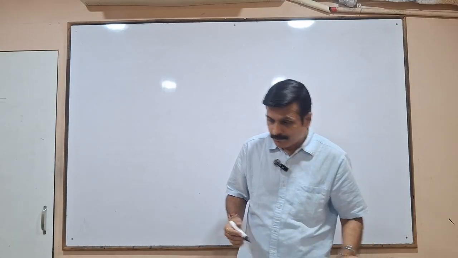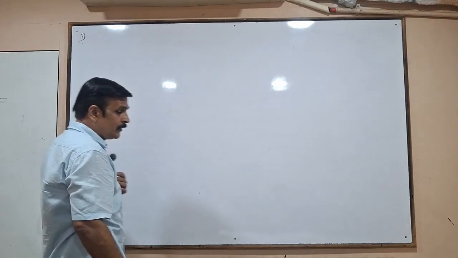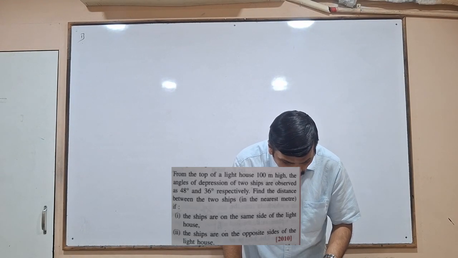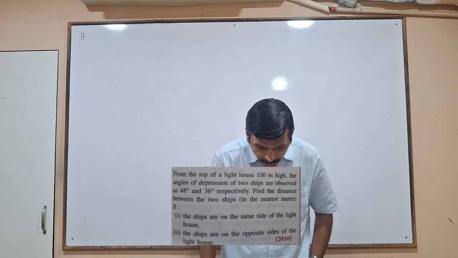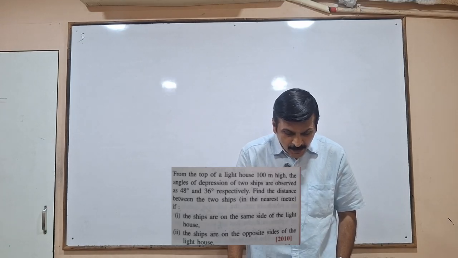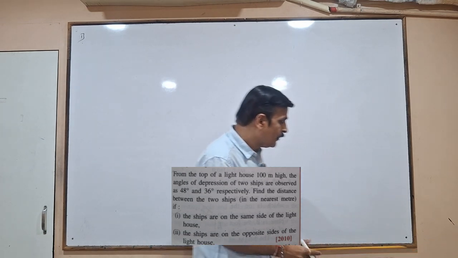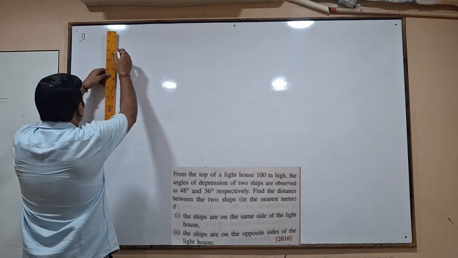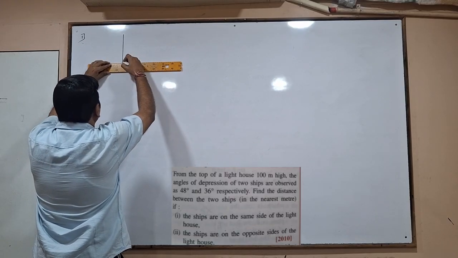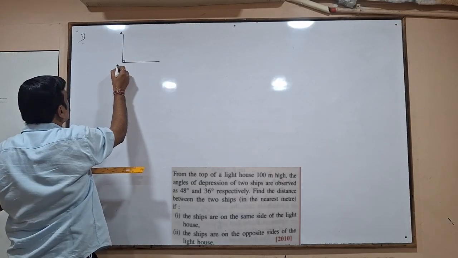The first one. The question says, from the top of a lighthouse 100-meter high, the angles of depression of two ships are observed to be 48 degree and 36 degree. So this is a lighthouse.